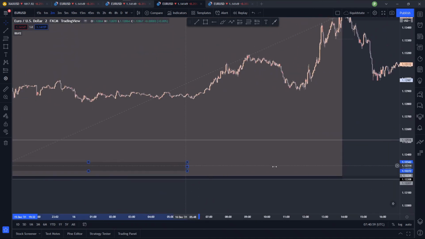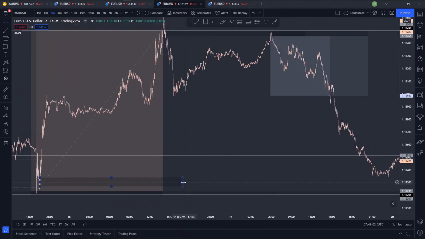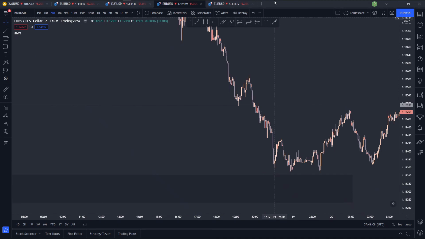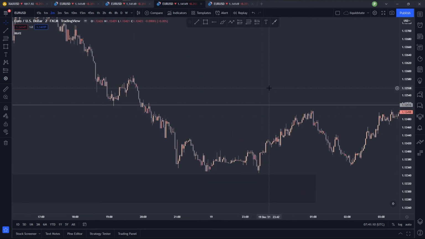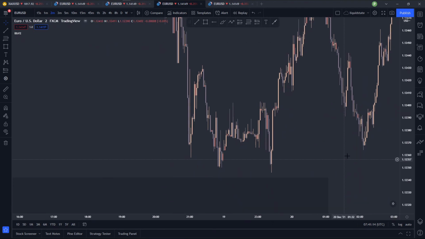And I have missed this level, yeah. But that would be a POI for buys. If you added a good entry, nice, good buy for you. But you missed it, no problem. Don't be sad, bro.